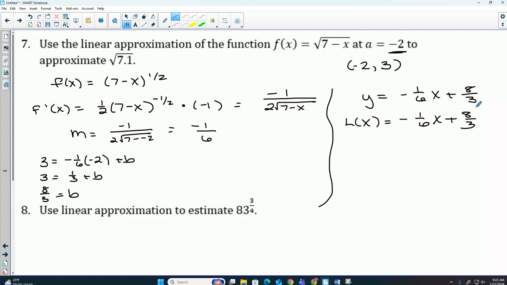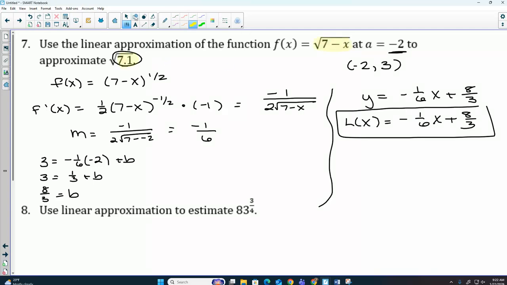So now I want to approximate the square root of 7.1, so that means we're using this line to approximate 7.1. Now, this one has an extra trick to it that we don't always have. Normally, I would just plug 7.1 in for my x. But notice, the original function was 7 minus x.